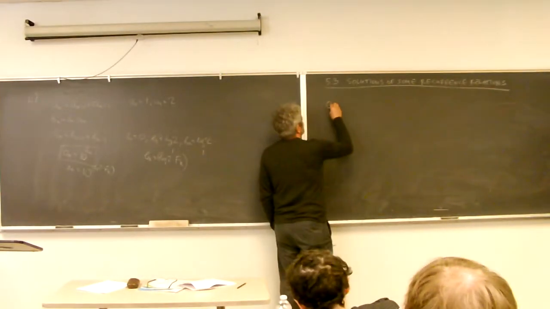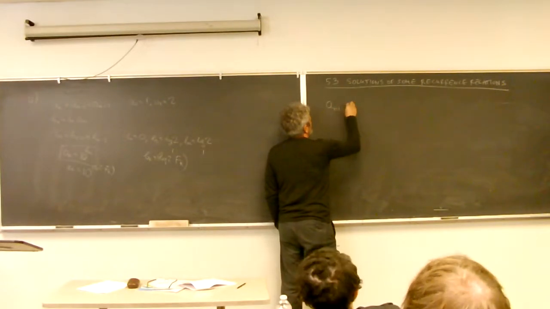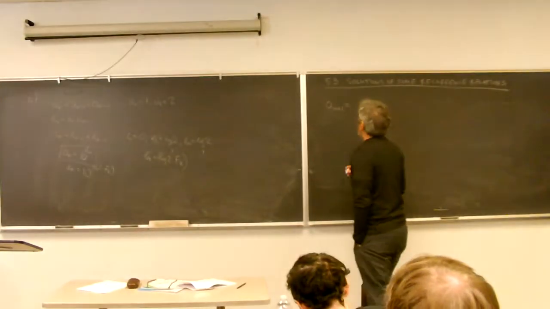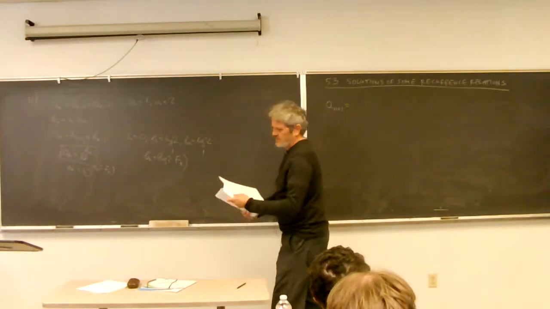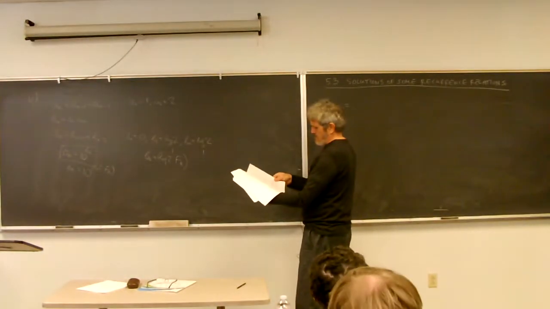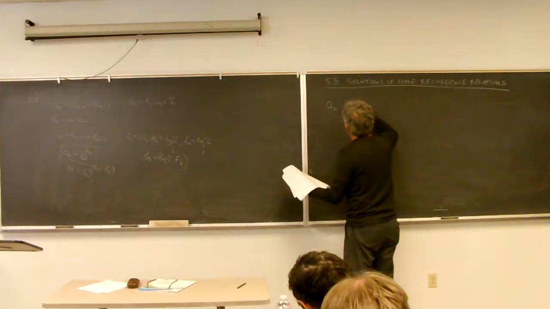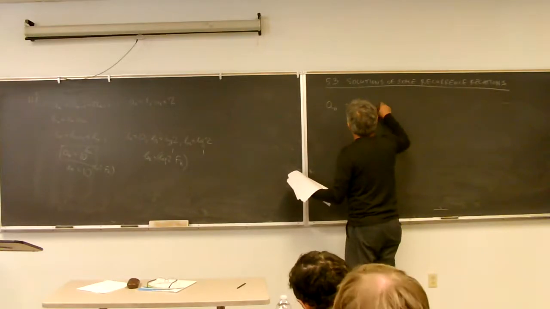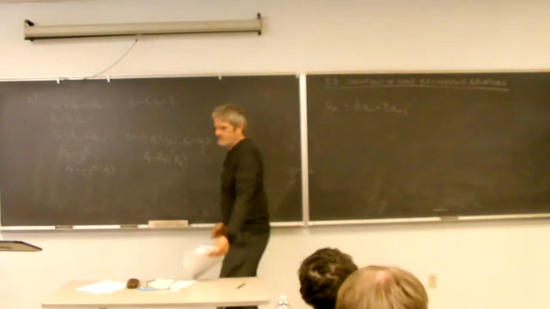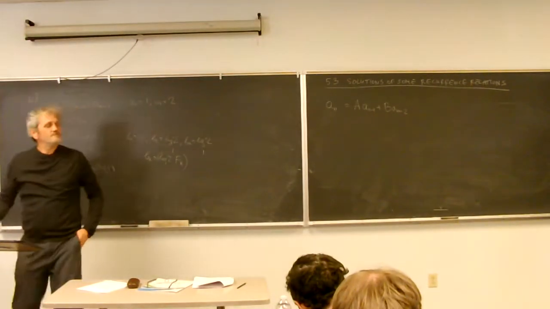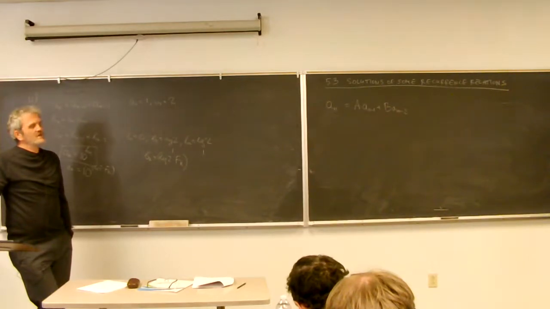So consider the relation of the following type: a_n equals a times a_{n-1} plus b times a_{n-2}, where a and b are constants.